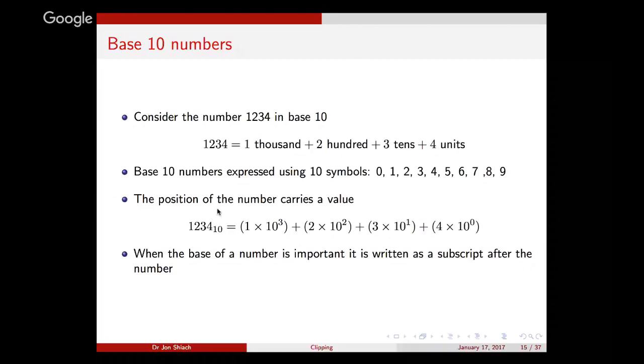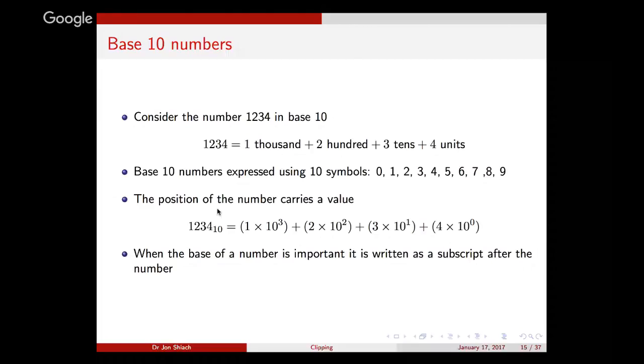Okay, so in the 4-digit number 1234, we know that the 4 means 4 units, the 3 means 3 tens, 2 means 2 hundreds, 1 means 1,000. Well, what you have in base 10 is that the unit is 10 to the power 0, the tens is 10 to the power 1, hundreds 10 squared, thousands 10 cubed.